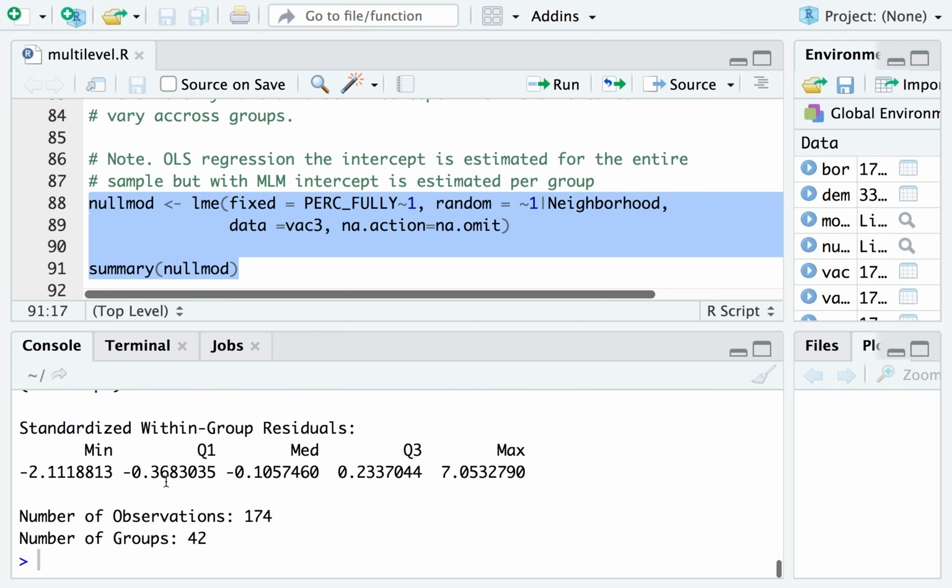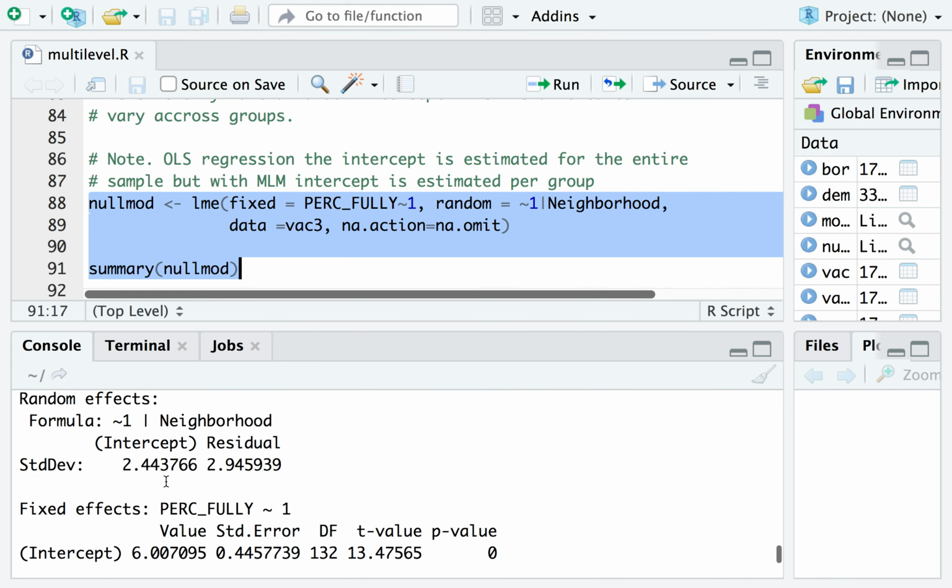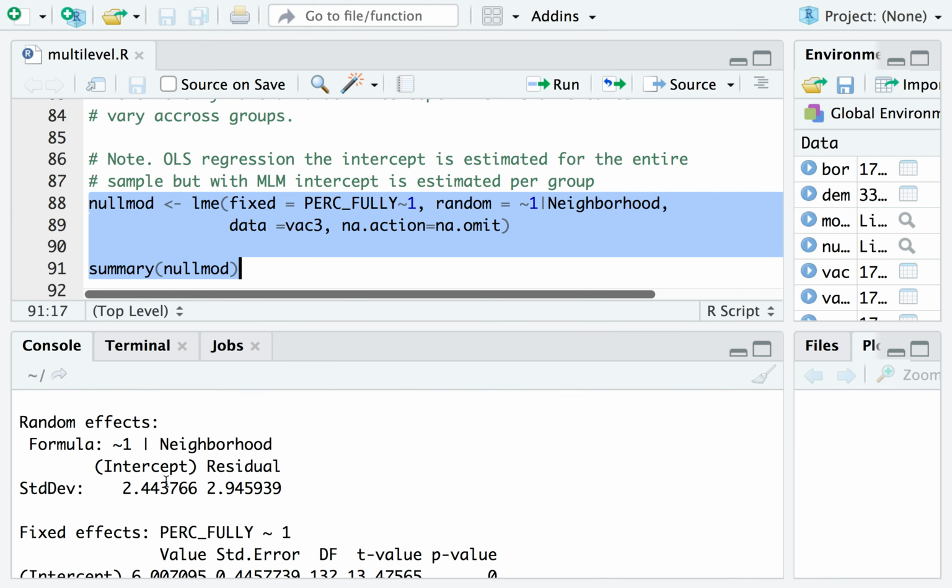I call this the null model. And here's the random effects. This is the intercept standard deviation across each of the groupings. So you can think of this as the between standard deviation, and this is the within.